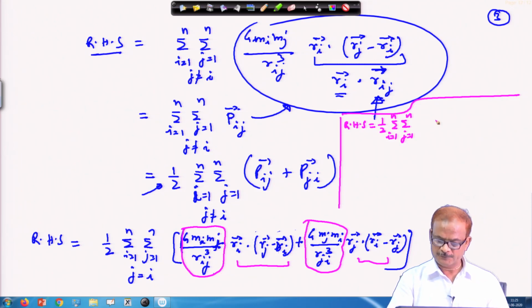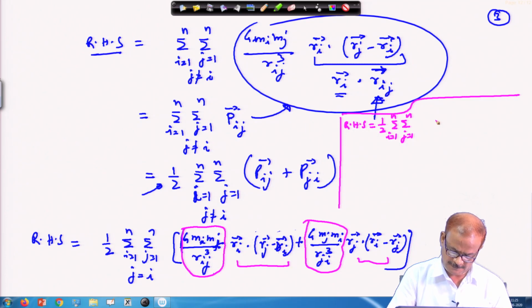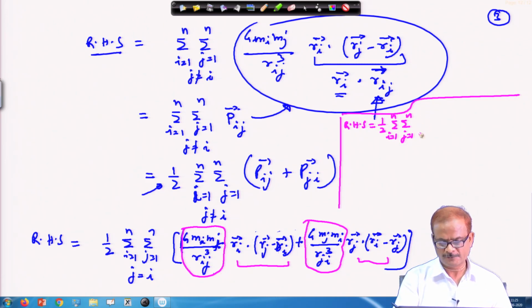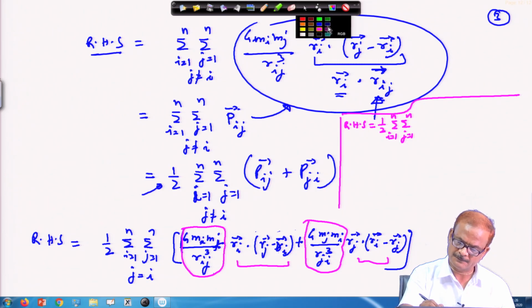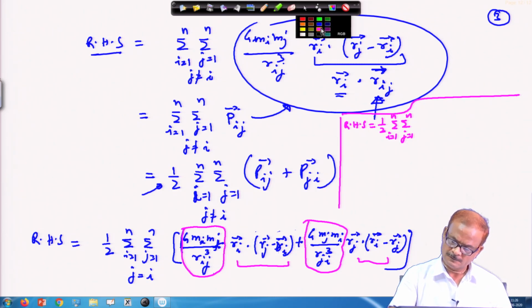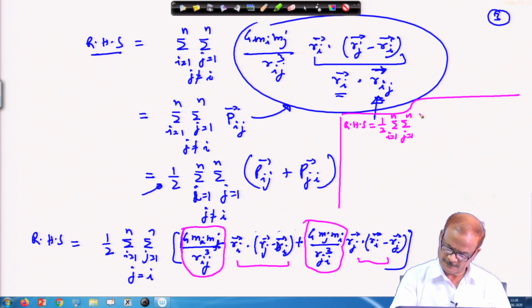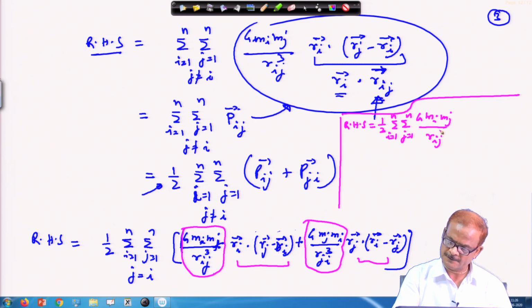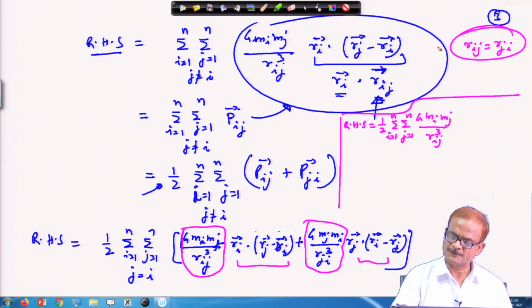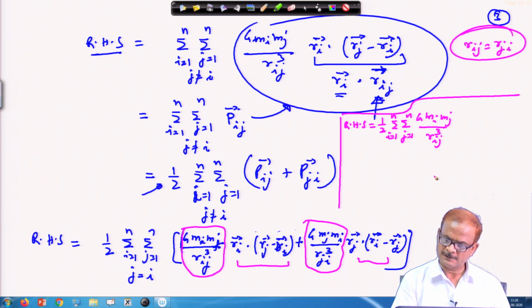Remember, these are the techniques used in space flight mechanics or celestial mechanics, and this will help you solve many problems. This is not just unique to this one, so you will require this technique in many places. So, here we will take out g m I m j divided by r I j whole cube, because r I j equal to r j I, the magnitude of the distance, it remains the same from I to j or j to I. So, this can be taken outside.